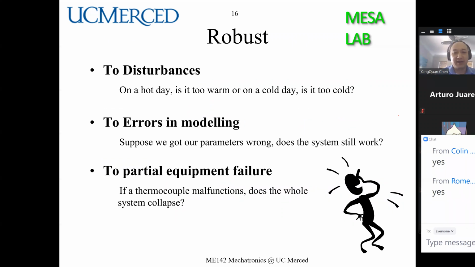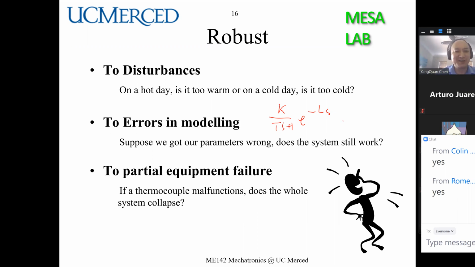And then the robustness to disturbance, like the number of people in a room for room temperature control, or environmental, a hot day or cool day, and so on and so forth. On the other hand, there are also uncertainties in modeling. Your model may not be accurate. All models are wrong, some of them are useful.